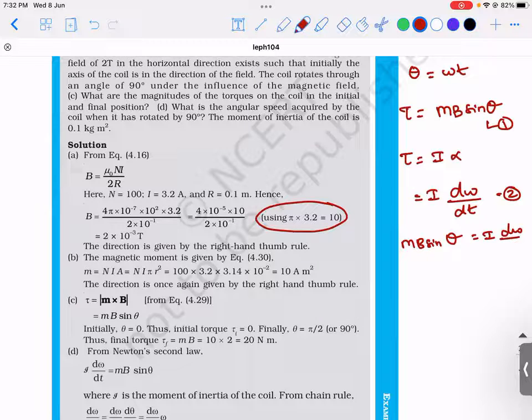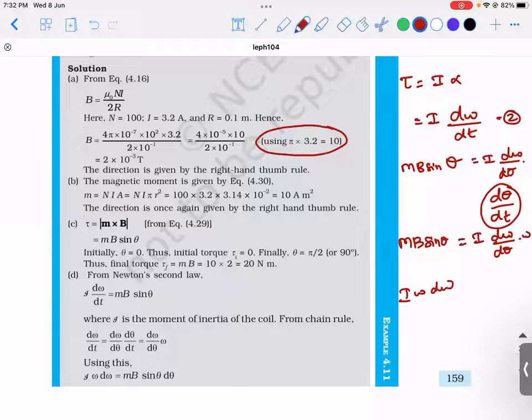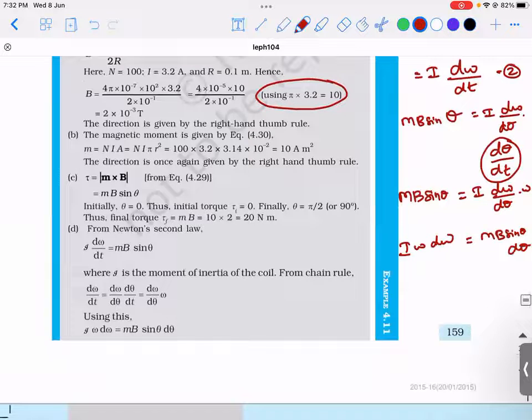So d omega by dt, can I write it as d omega by d theta into d theta by dt? But what is d theta by dt? That is omega. So mB sin theta is equal to I into d omega by d theta into omega. So d theta I can take it to the other side. So I omega into d omega is equal to mB sin theta into d theta. Correct?